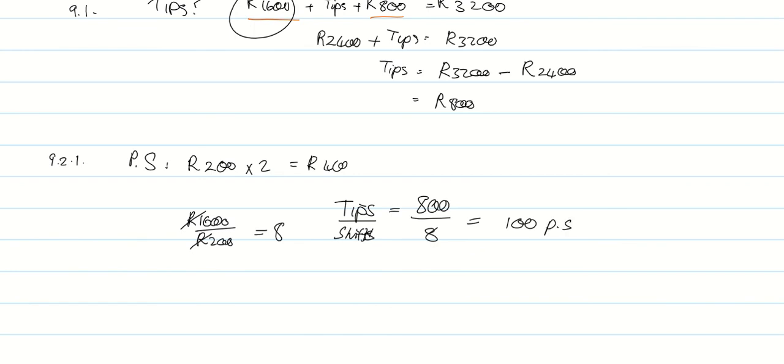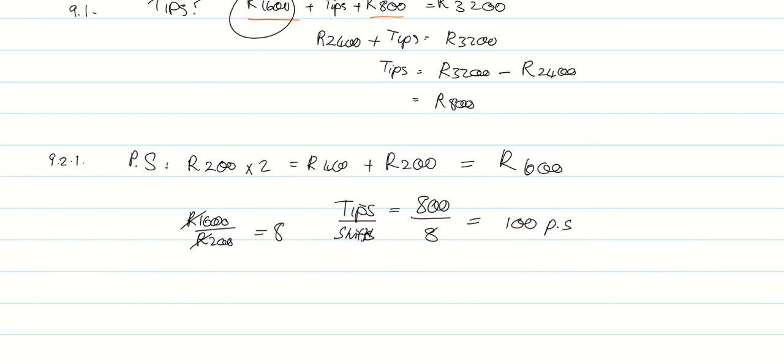She will be missing out on 2 shifts, so 100 rand for 2 shifts is 200 rand. Added to the 400 rand she's missing out, it is equal to 600 rand that she's missing out for those 2 shifts.